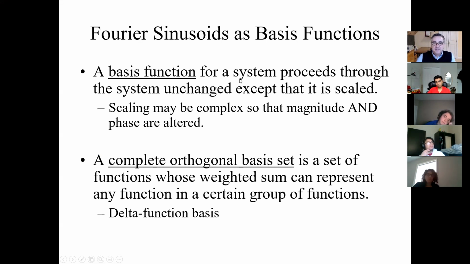What we mean by a basis function for a system is that it's kind of like the fundamental function of the system, in that if you put that function into the system, you get the same function out of the system unchanged, except that it gets scaled.